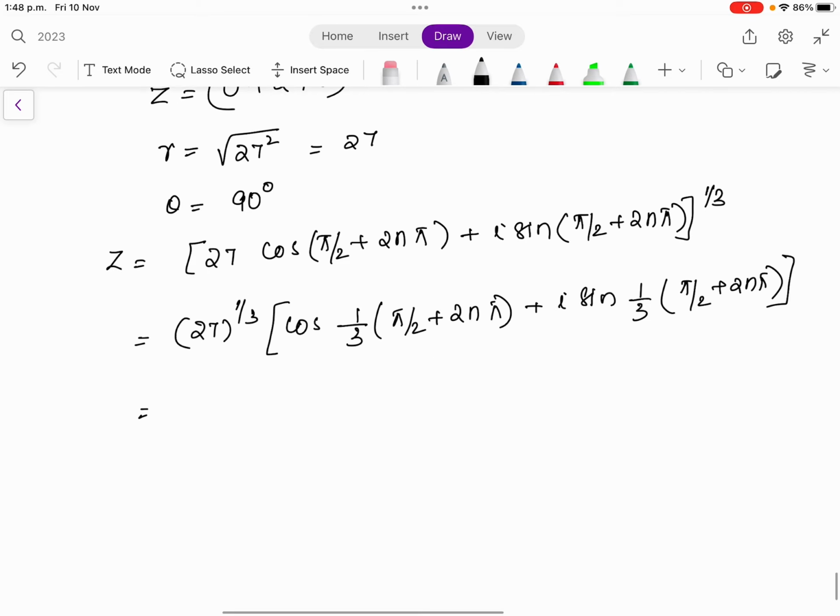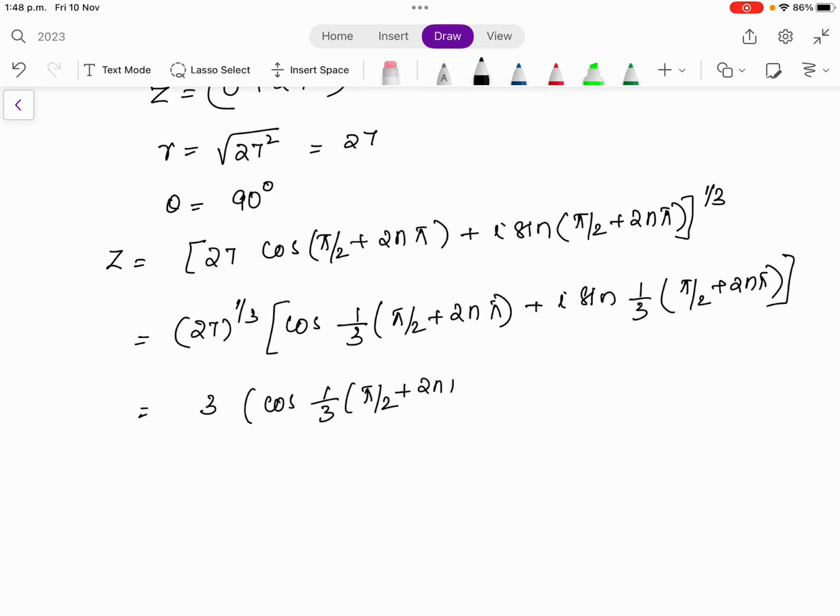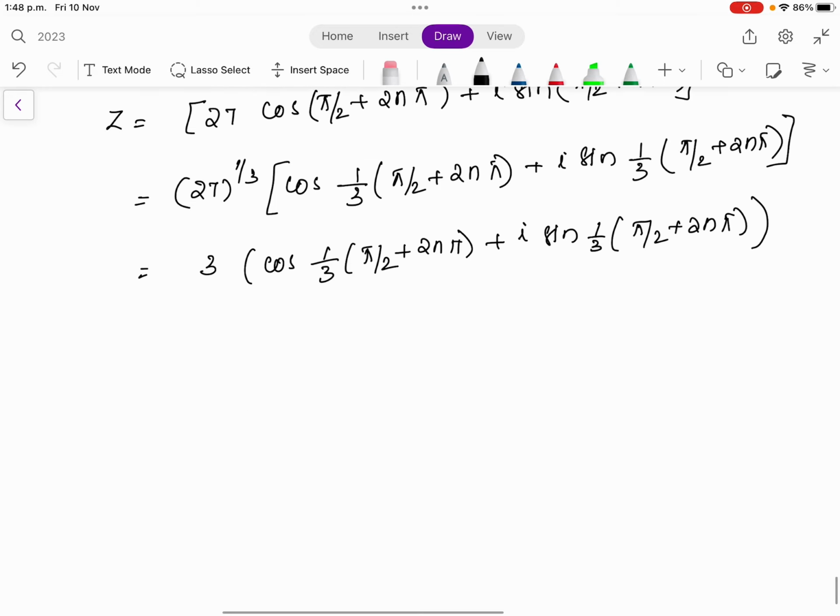That is equal to 27 to the power of 1 over 3, which is 3, times cos 1/3 (pi/2 + 2n pi) + i sin 1/3 (pi/2 + 2n pi). Then n is equal to 0.